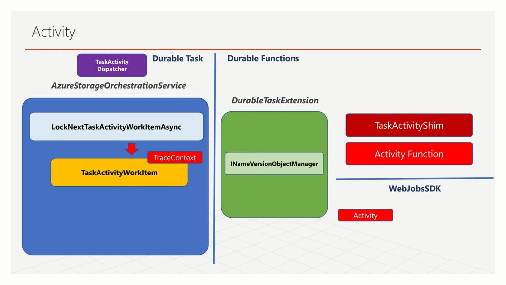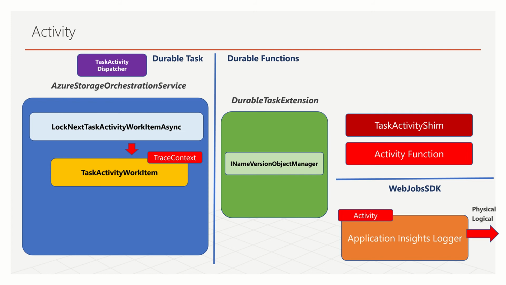So at the time it executes the Azure Functions host, this activity function can pass the activity instance to the Application Insights logger side. In the case of the activity, the physical and the logical are the same because there is only one execution.